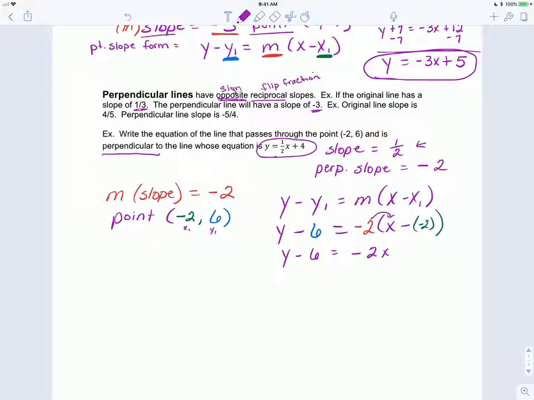Remember, this makes a plus 2. Then we're multiplying it times -2, so that's going to be -4. Then all we have to do is add this 6 over. So the equation of the line becomes y is equal to -2x plus 2.